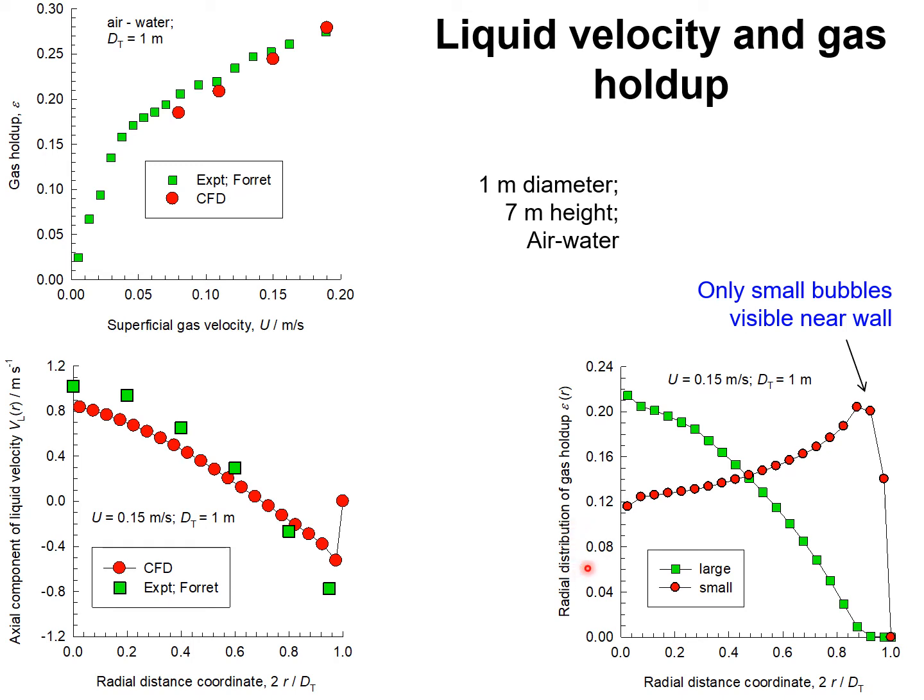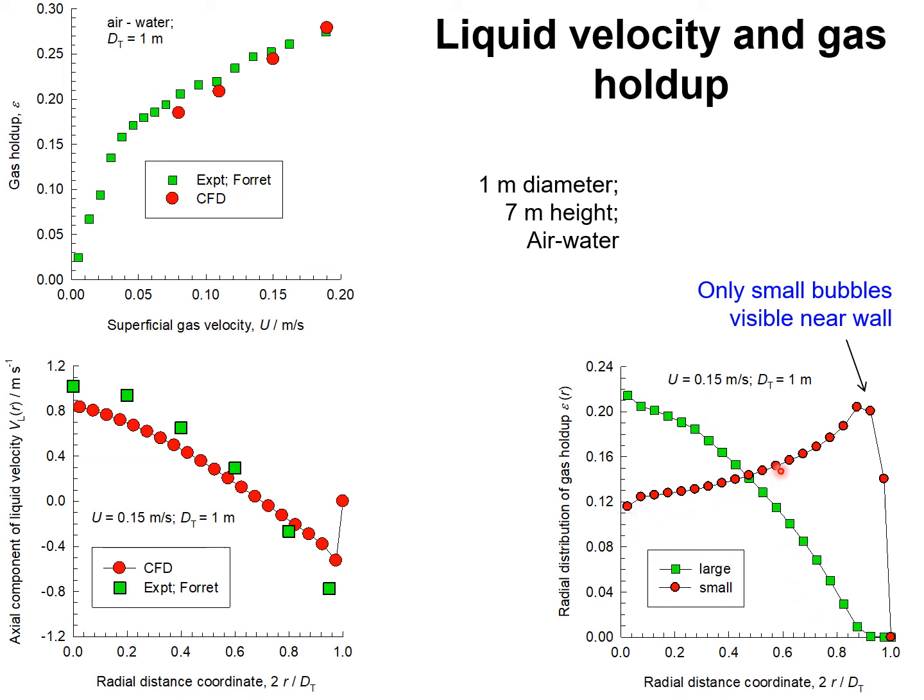The data on the radial distribution of gas holdups for small bubbles are shown by the red circles, and the green squares are the large bubbles.